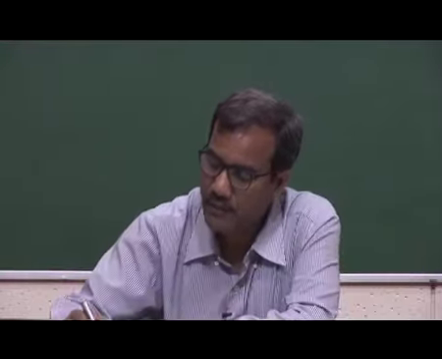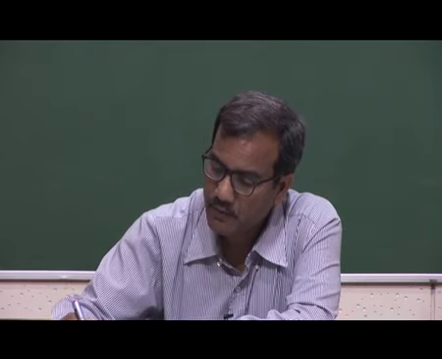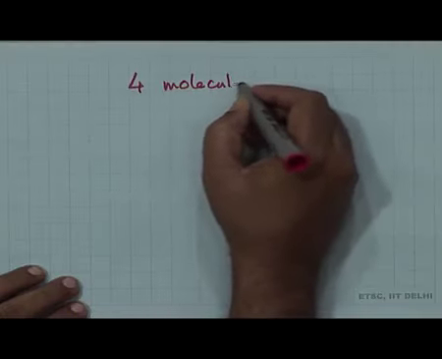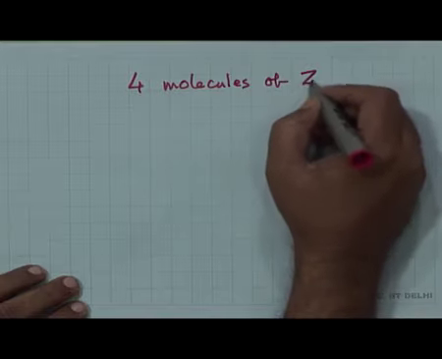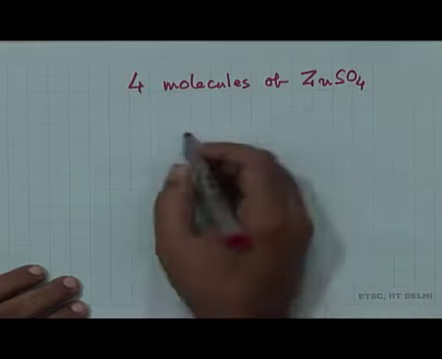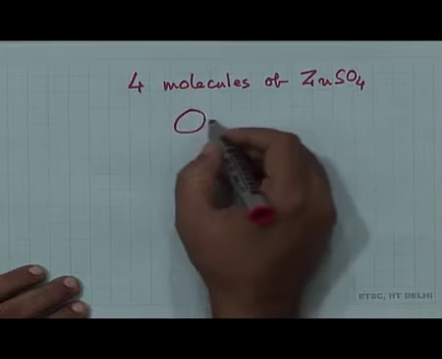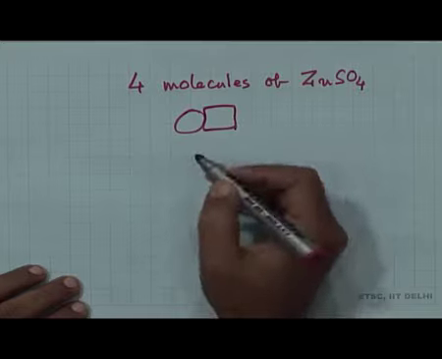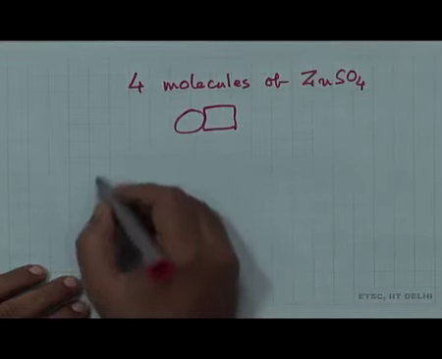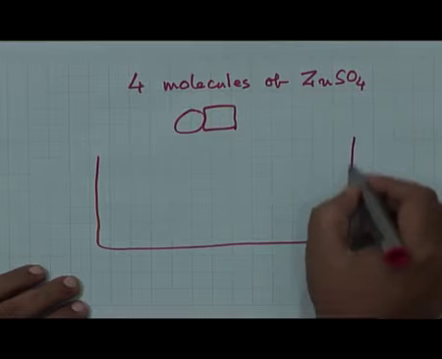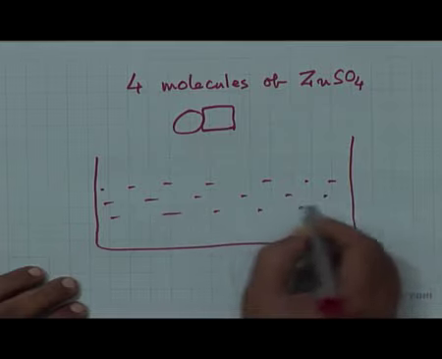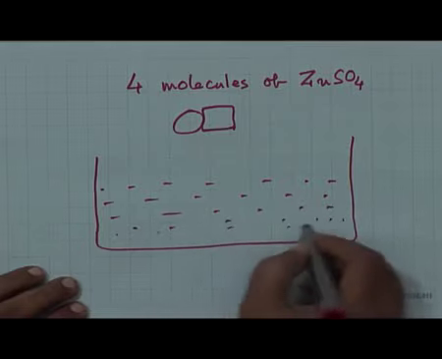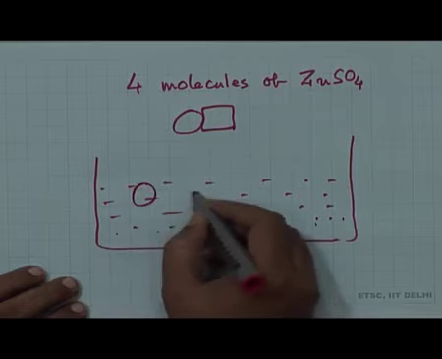For example, if I take 4 molecules of zinc sulphate, which is a strong electrolyte, with zinc and sulphate ion, and put them into a beaker with water solution, almost all will dissociate.